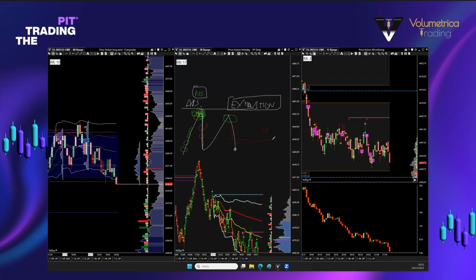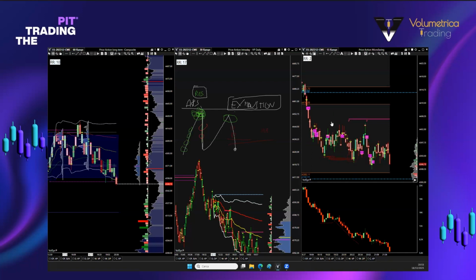More specifically, in absorption we had lots of effort, no result. That's absorption. According to what we said here, we have exhaustion, which can be spotted from the CVD in situations like this.